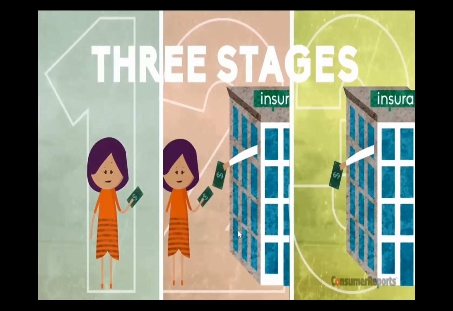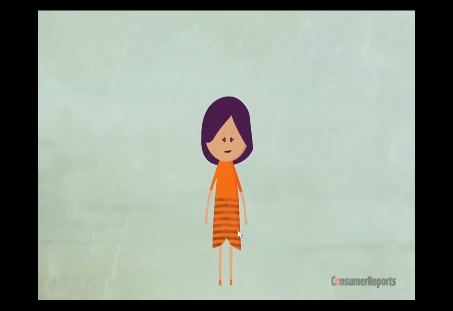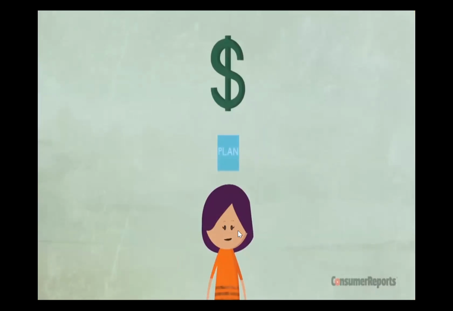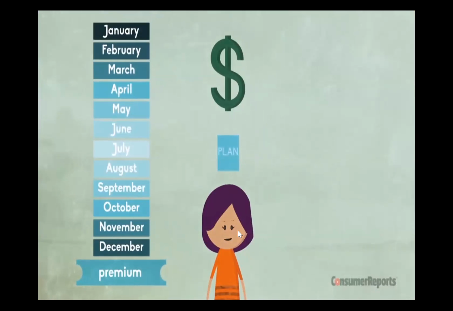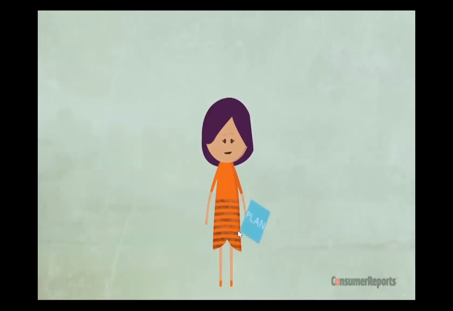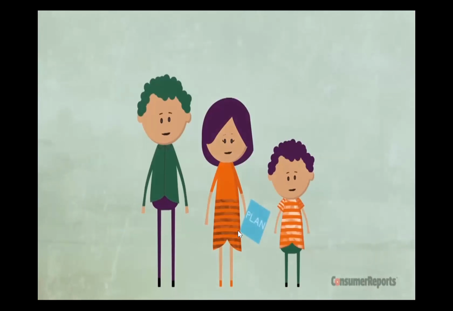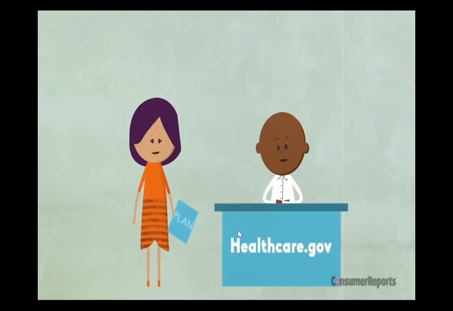After that, your insurance company pays everything. So, how much does your insurance cost? You will at least pay for your monthly premiums, and at most, you will pay for your monthly premiums plus your out-of-pocket maximum. It all depends on the plan you choose and the care that you and your family need. You can get free help from a healthcare.gov assister to choose the plan that's right for your family.